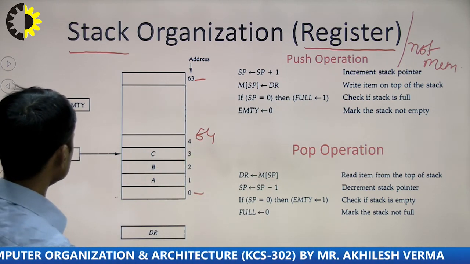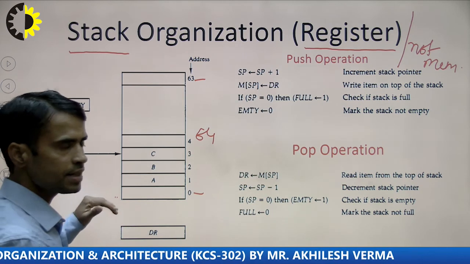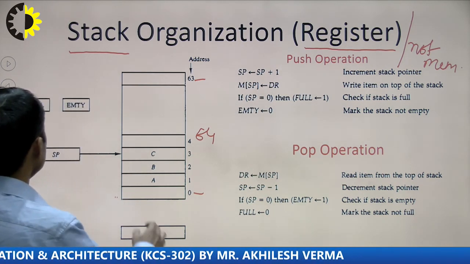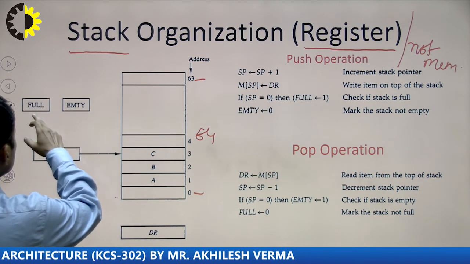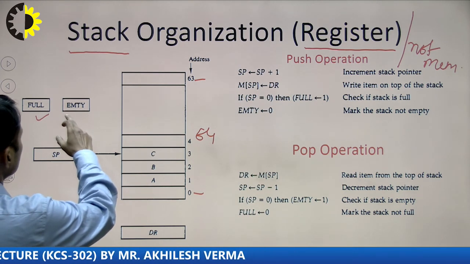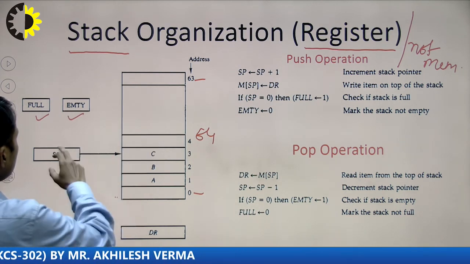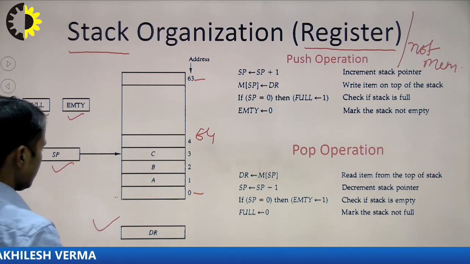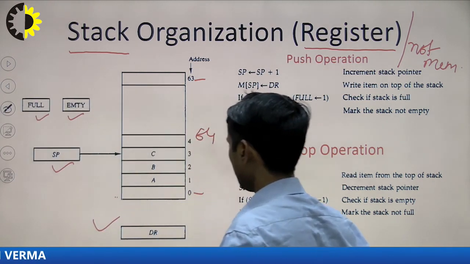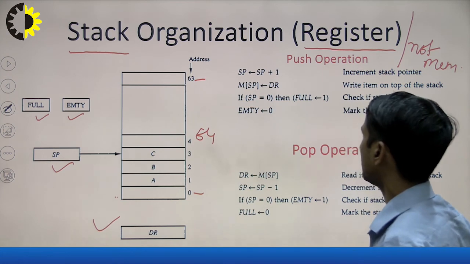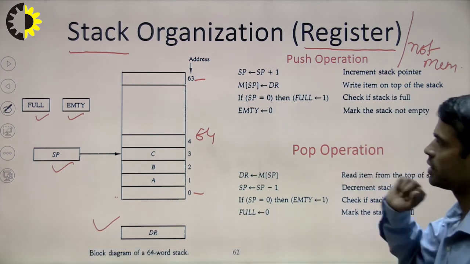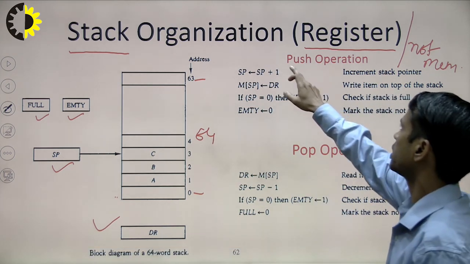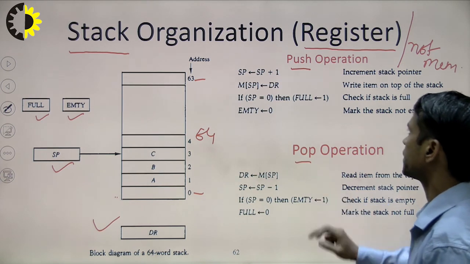So, there are some additional registers in stack organization that are used to process the content of stack, and they are FULL, EMPTY, stack pointer, and the DR, that is the data register. Okay. So, there are two operations possible in this particular stack organization. One is push operation, other is pop operation.